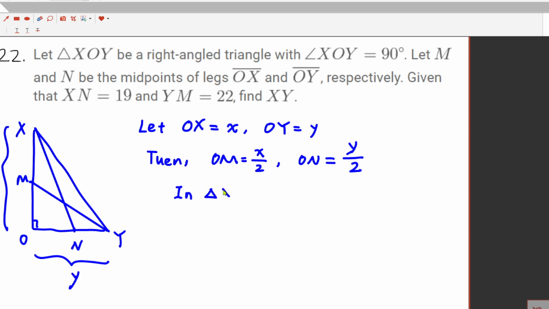For example, in triangle XON, we have... XON is this one.